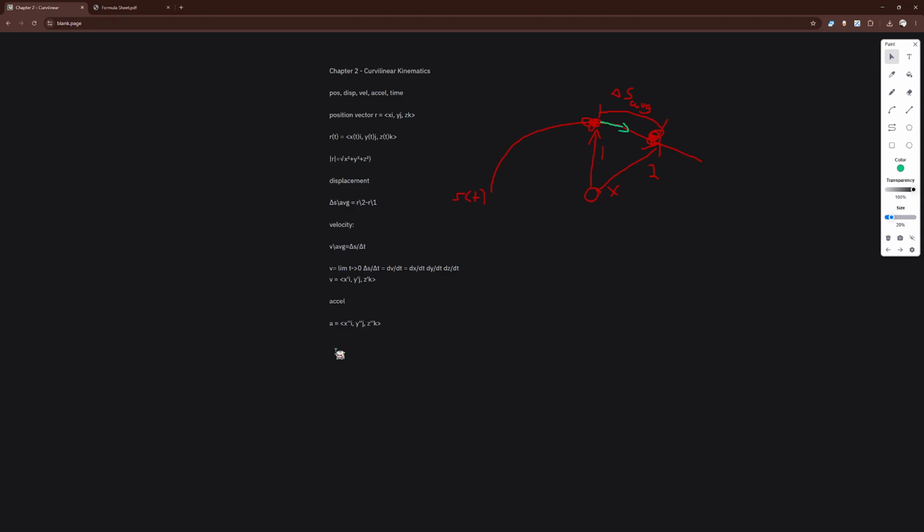So that's acceleration for curvilinear kinematics. Again, the magnitude is the exact same thing. This isn't anything new, by the way. This is just chapter 1, but now everything's a vector. So really, really easy.